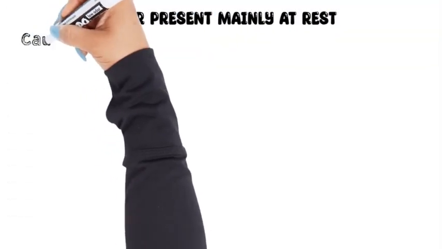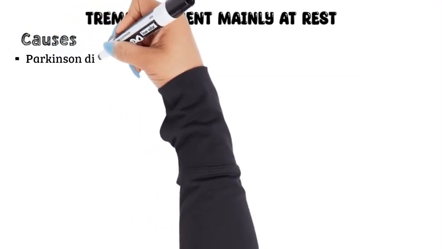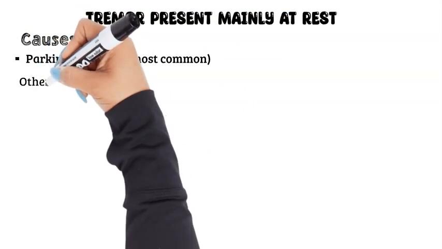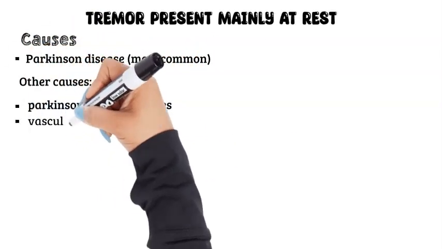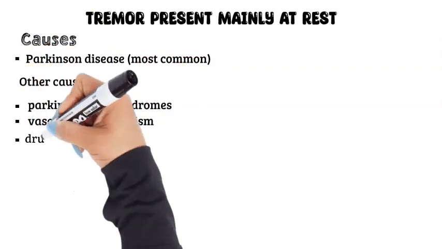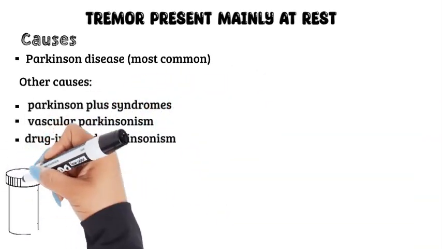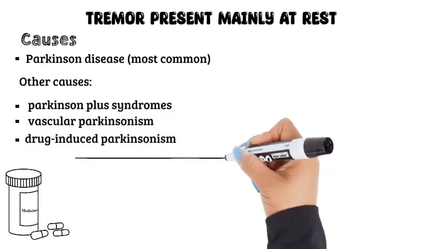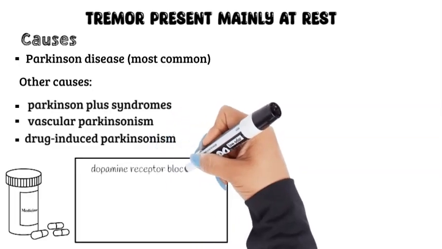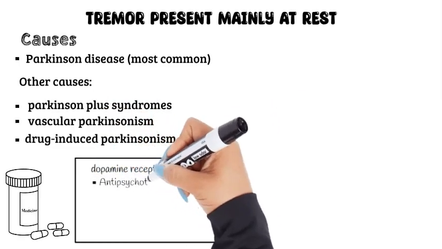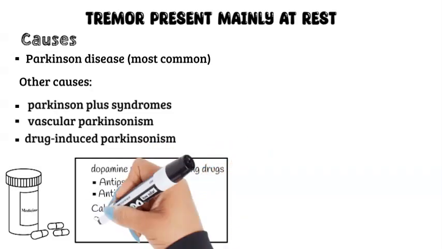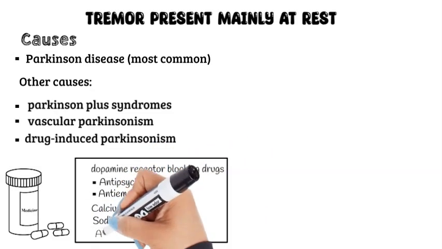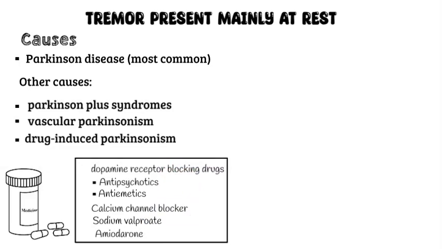Let's talk about each tremor with details. Tremor that occurs at rest, the main cause is Parkinson's disease, and other causes can include Parkinson plus syndrome, vascular Parkinsonism, and drug-induced Parkinsonism. Drugs that block the dopamine receptors like antipsychotics and antiemetics, also calcium channel blockers, sodium valproate, and amiodarone all can cause resting tremor.